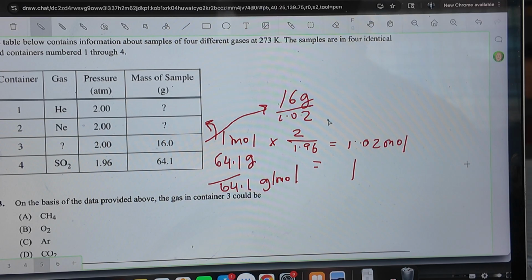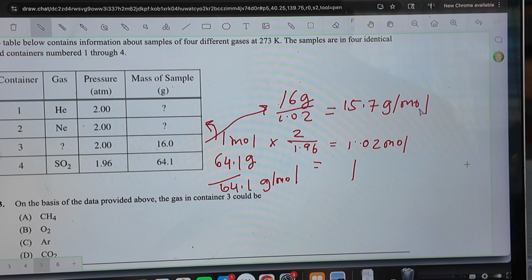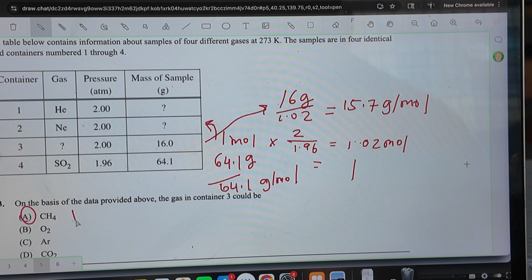That gives us about 15.7 grams per mole. A molar mass of 16 grams per mole matches methane, which is 12 plus 4, equals 16.